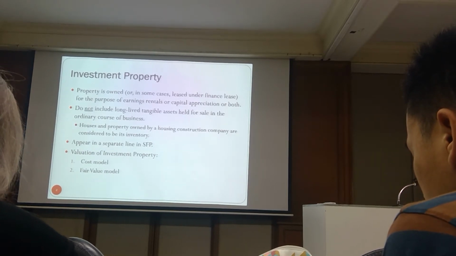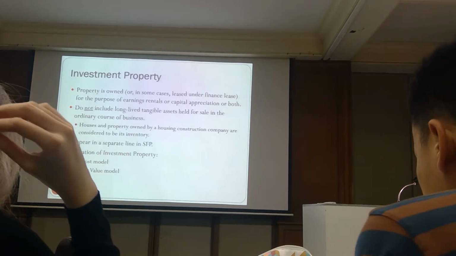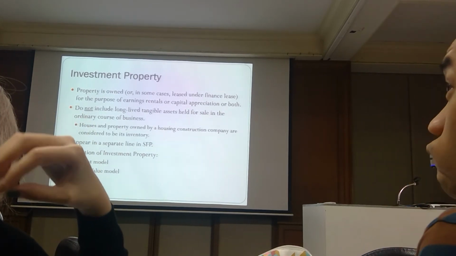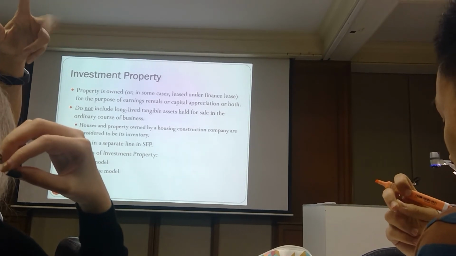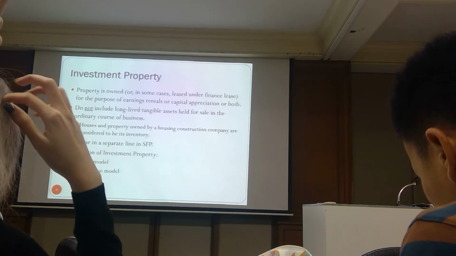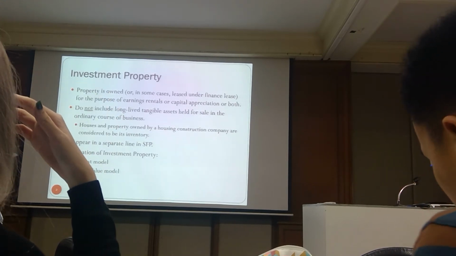So now, when you have two companies, one company uses the cost model for investment property, another company uses the fair value model. Which one will have fluctuating profit? Fair value model.